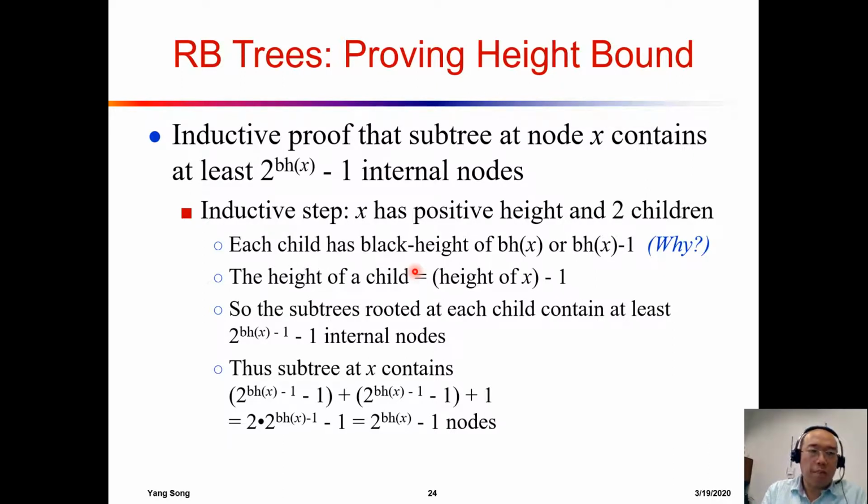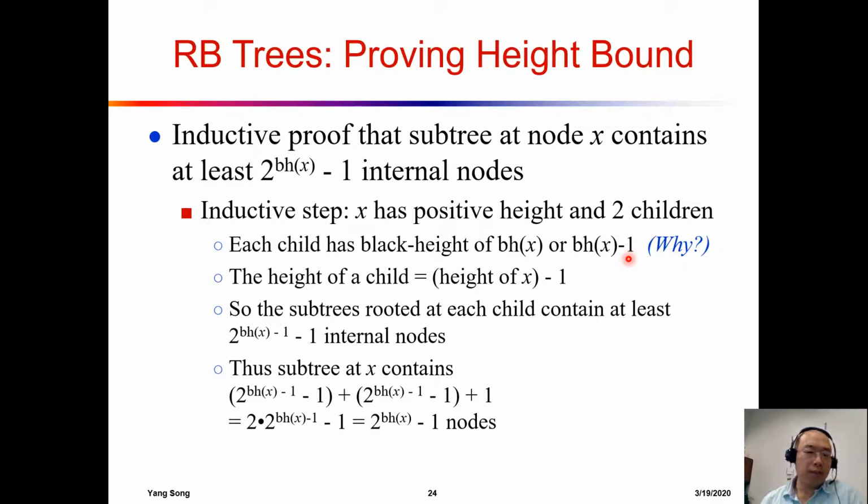Depending on the color of the child, if it is a red child, it will have the same black height as the parent, or if it is a black child, the black height will be the black height of the parent minus 1.